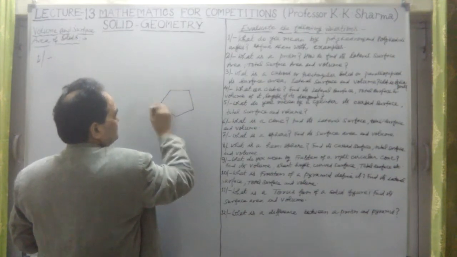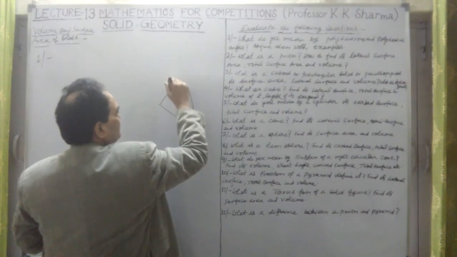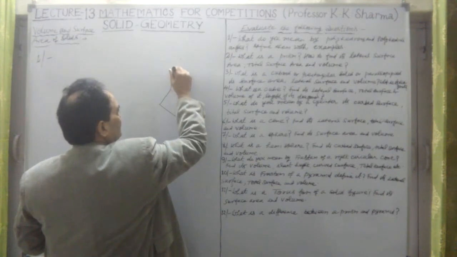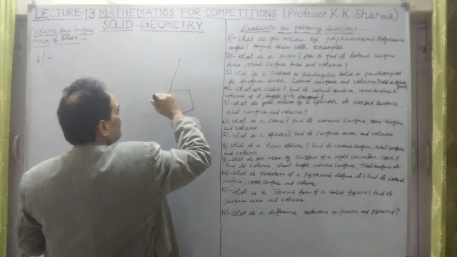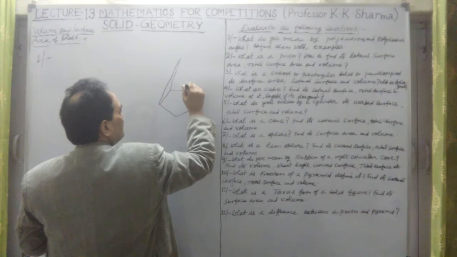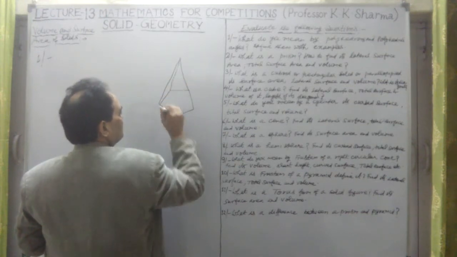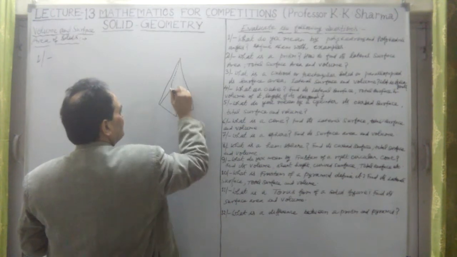a pentagonal shape. And if there is a top here, and if I join this, and this has been joined, and this also we have to join.